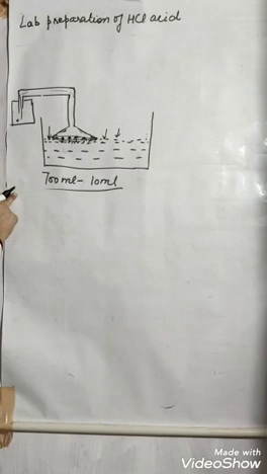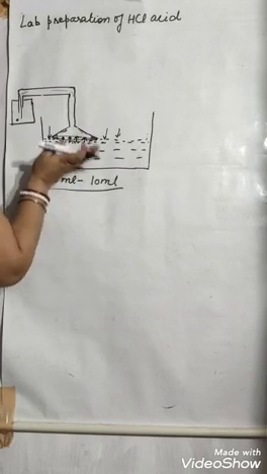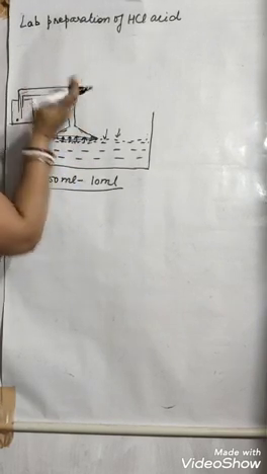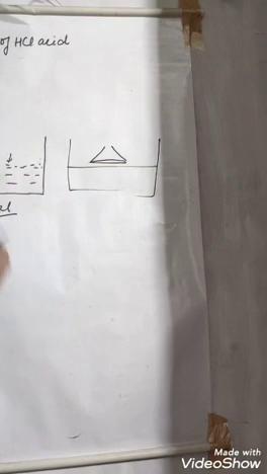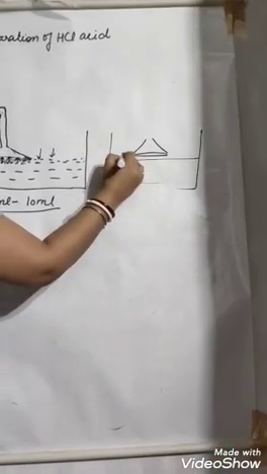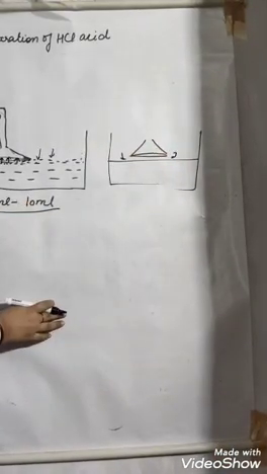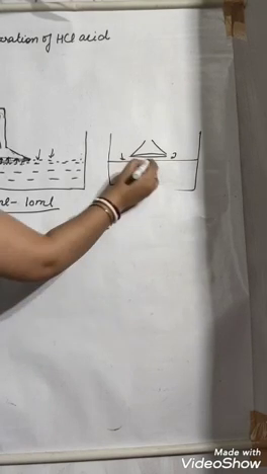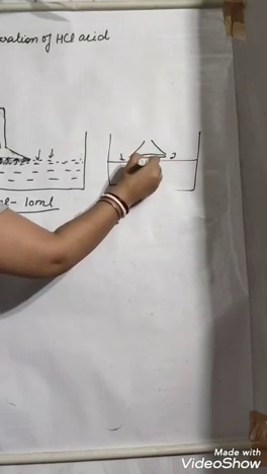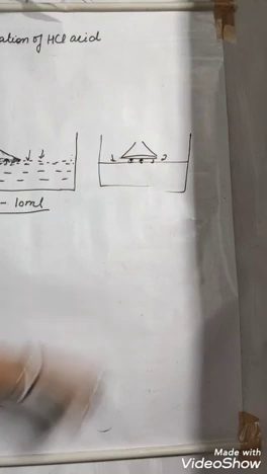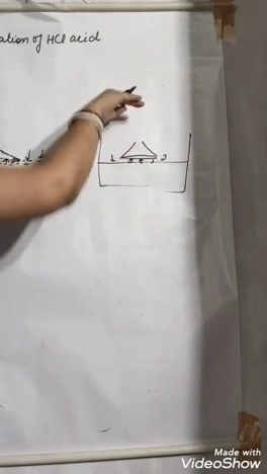Water will push the funnel upward, so the funnel will go a little bit upward from the water. Now it creates an air gap. So pressure will equalize. Again, the funnel will come down, and the water will come down. Understanding or not?